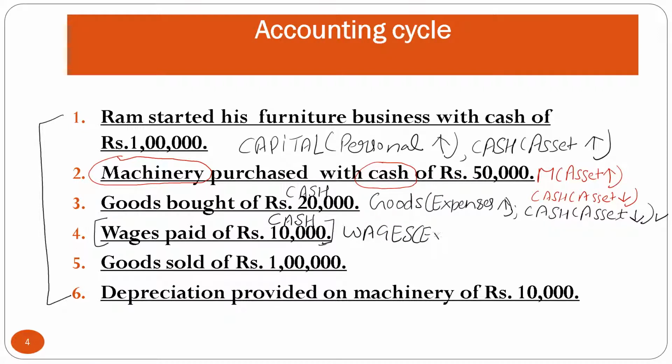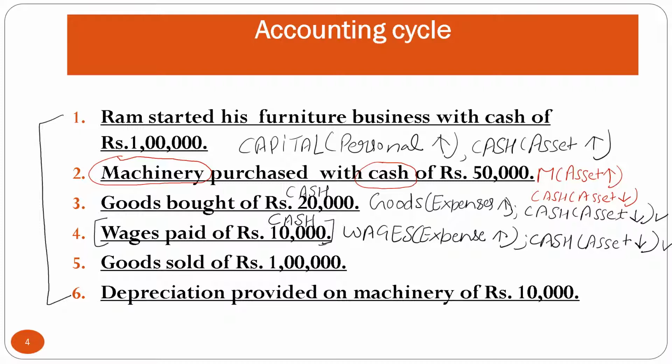Payment of wages is an expense, so wages payment is an increase in expense, and cash has been paid or given to the laborer. Cash is an asset, so if we pay cash, cash decreases or goes out of the business. So these are the two effects of this transaction.